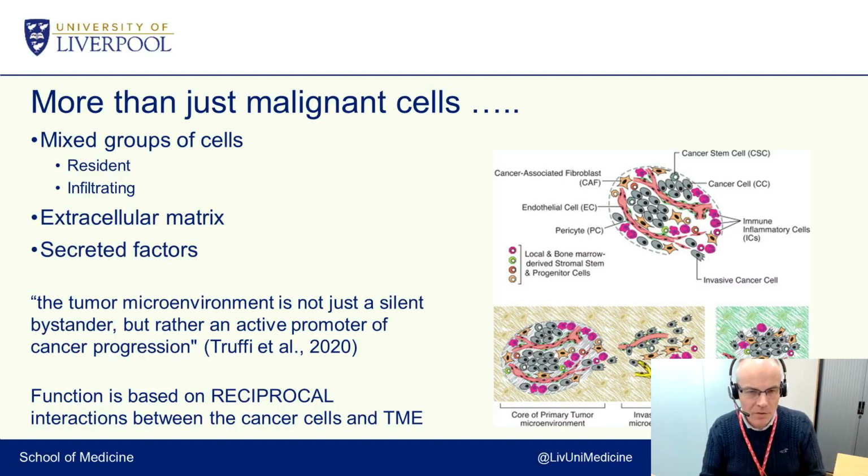And you can see on the picture on the right here some idea of the number of different types of cells. It is not just the tumour cells. The tumour cells, these are these grey cells in this, but there's a richness of blood vessels and fibroblasts and other immune cells which are making up the whole of the microenvironment.